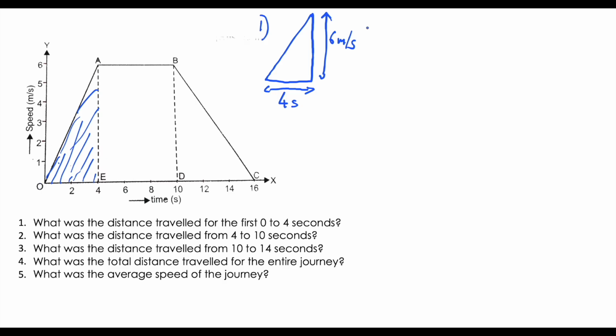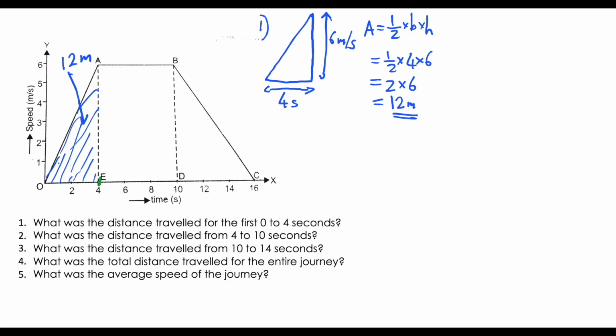So the area is going to be half times base times height, in other words, half multiplied by 4 times 6. So what's half of 4? Multiply that by 6, and we're going to get 12. So we just worked out 12 meters. So the total distance traveled for this first one here is 12 meters.